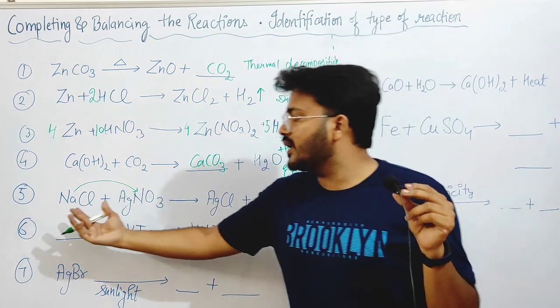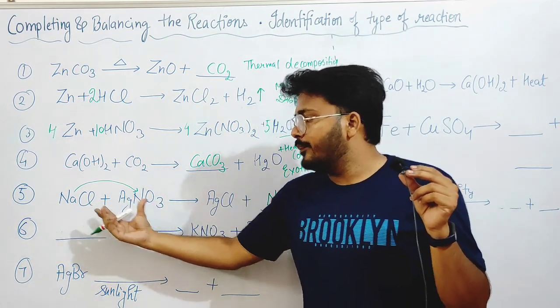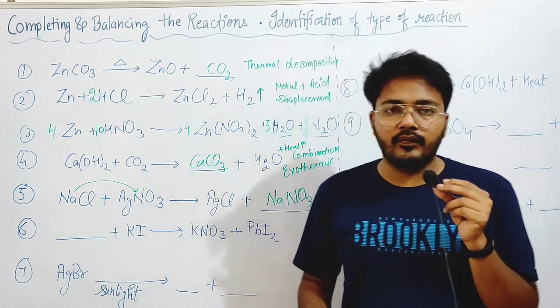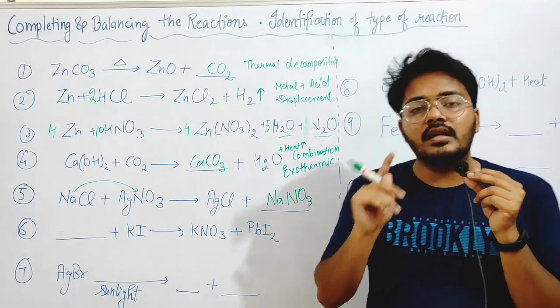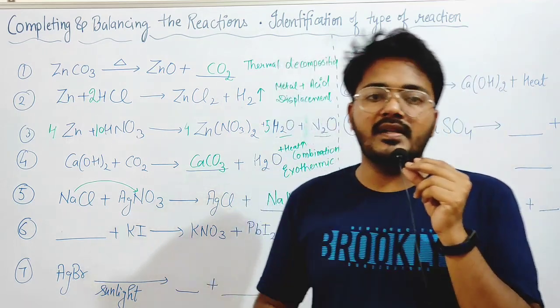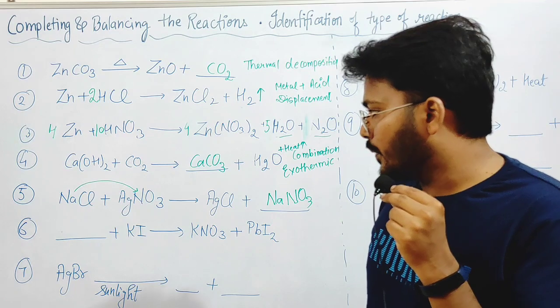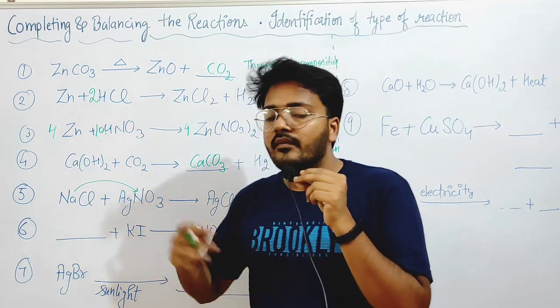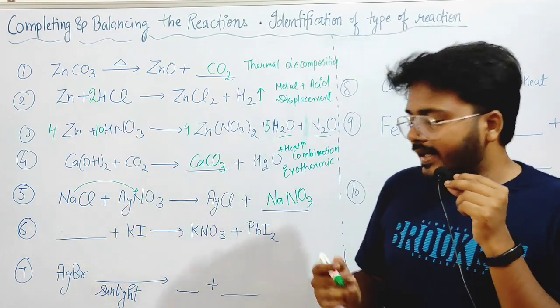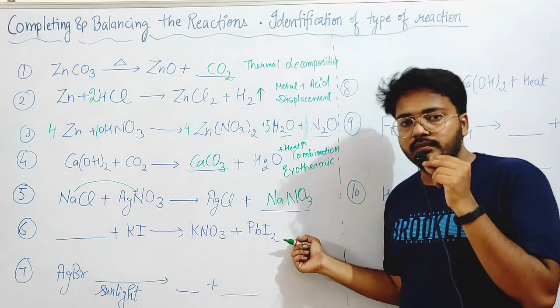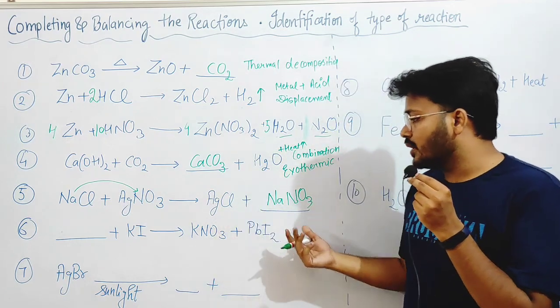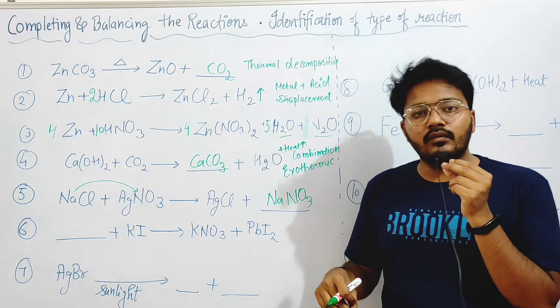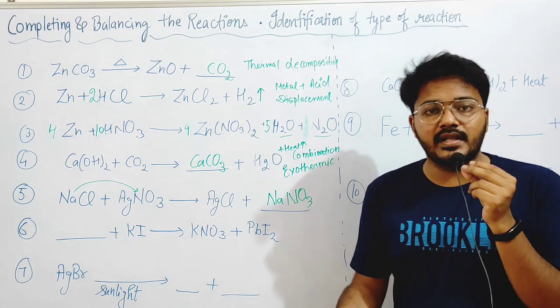When you see two different salts mixed together in aqueous form, they are generally an example of a double displacement reaction, because both are salts. When they combine together, again two types of salts will form, and out of these two salts, one is soluble in water, and another will precipitate out.